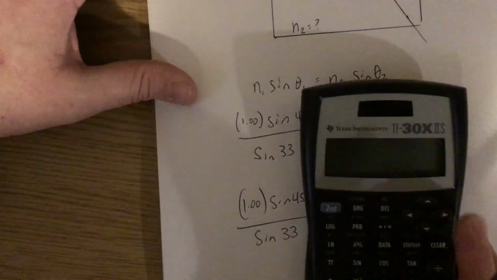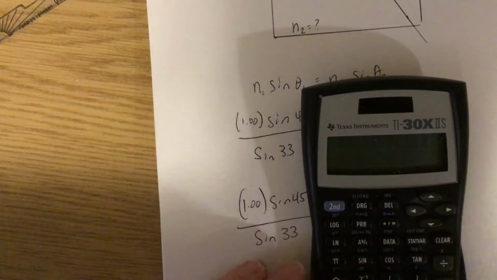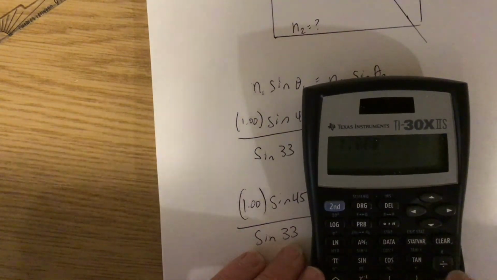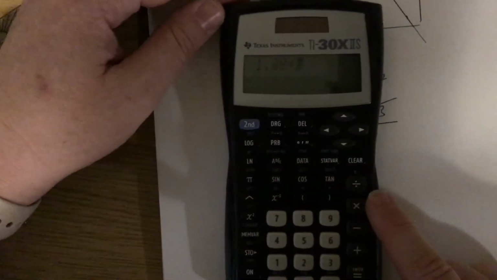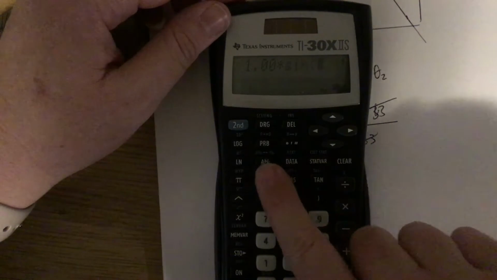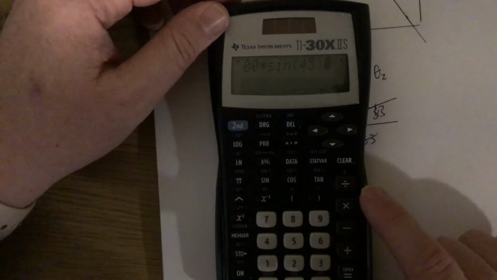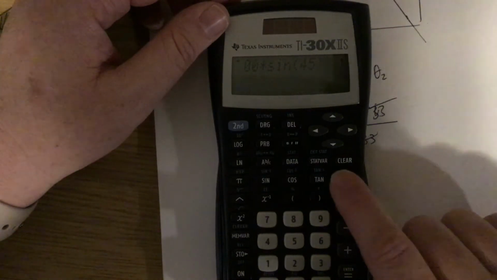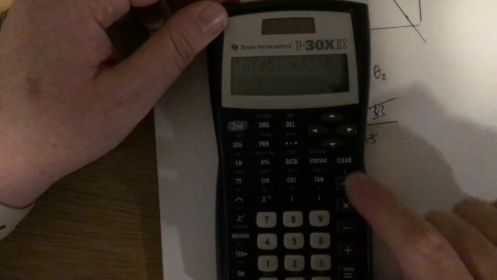And so the way that you can do this is you'll just put it in just like this. You'll say 1.00 times, and you'll go sine of 45. In this calculator, I have to put a parentheses on there. And then I would just go divided by the sine of 33, put a parentheses on that back part there.